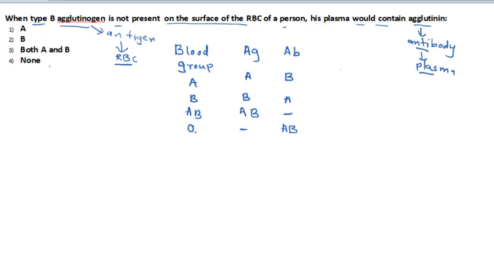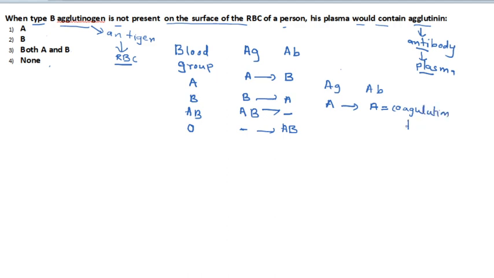So this is how the blood groups of people show different antigens and antibodies on the surface of the RBC and in the plasma. From this it is very clear that the antigen and the antibodies never match each other. They are always contradicting. The reason is that when the antigen and antibody are the same, say antigen A is present on the surface of the RBC and antibody A is present in plasma, they cause coagulation of blood.